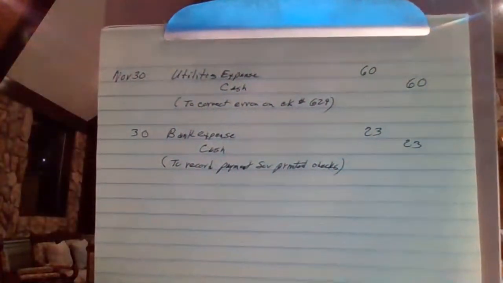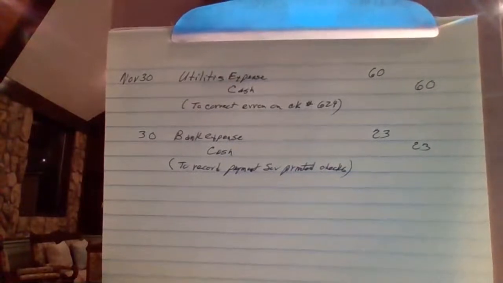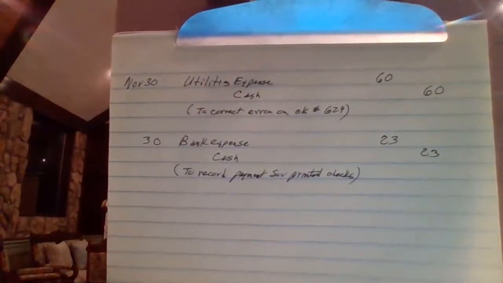And then say to record payment for printed checks. You could call it fee for checks ordered or whatever, something that explains what it is.